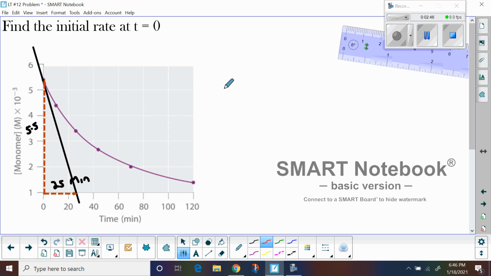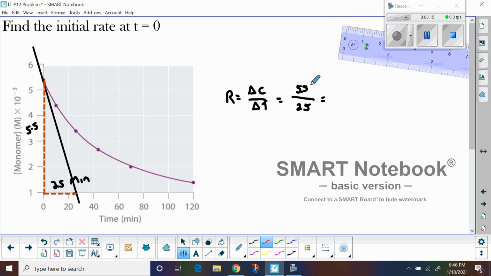So to find the slope of the line, which is going to be the initial rate of reaction, the rate is going to still be change in concentration, which is my rise, divided by the change in time, which is my run. So I will have 5.5 divided by 25. And you might notice that I'm not doing a really good job with significant figures here.